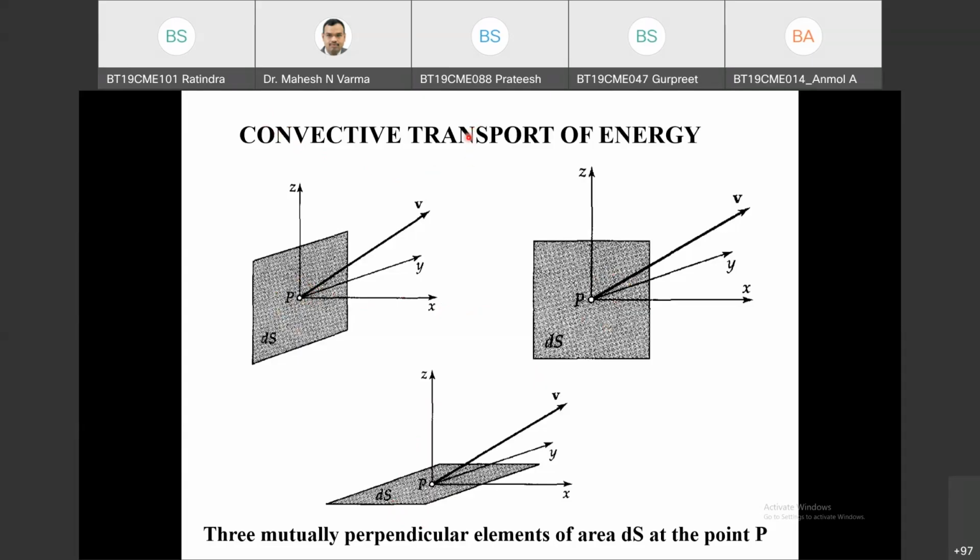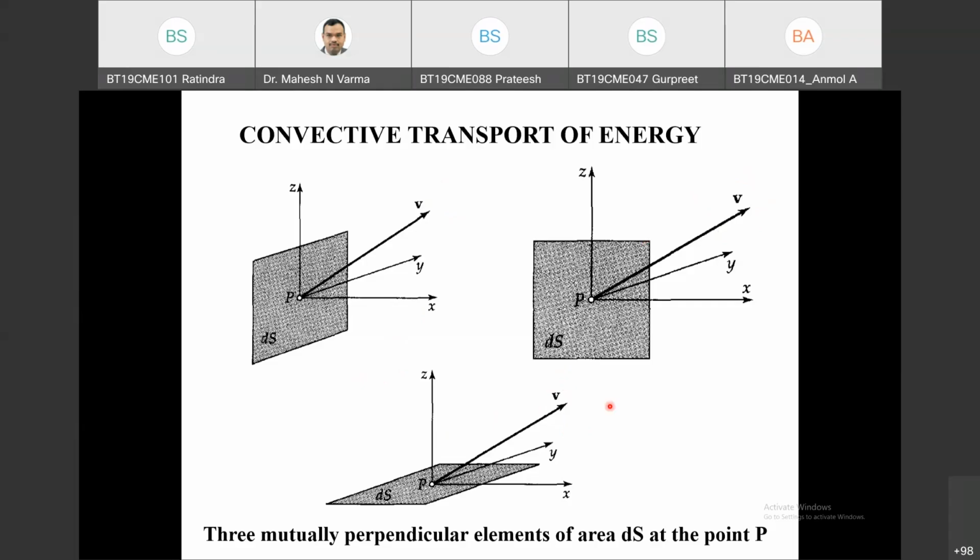As I am saying, convective transport is associated with bulk motion, and bulk motion is characterized by velocity. So consider a velocity v. vx is the x component of velocity v, vy is the y component of velocity v, and vz is the z component of velocity v.